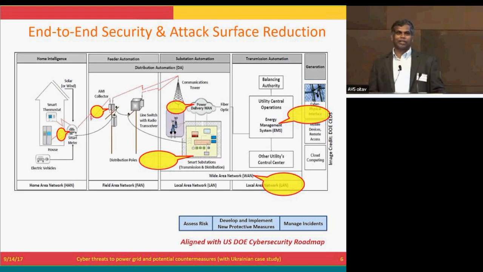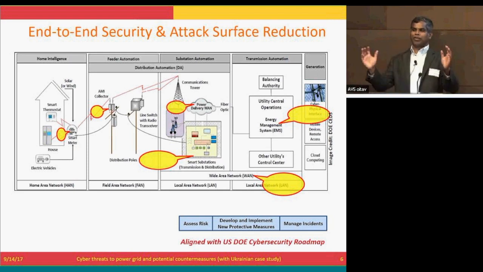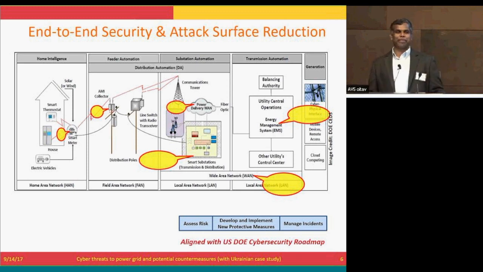Otherwise, most of the emphasis has been on the bulk power system, that is protected. The thinking is that if somebody compromises the distribution grid, it doesn't really have any impact on the bulk power system, which is no longer true. The Ukrainian example of 2015 is a classical example. Most of those targets were distribution substations.